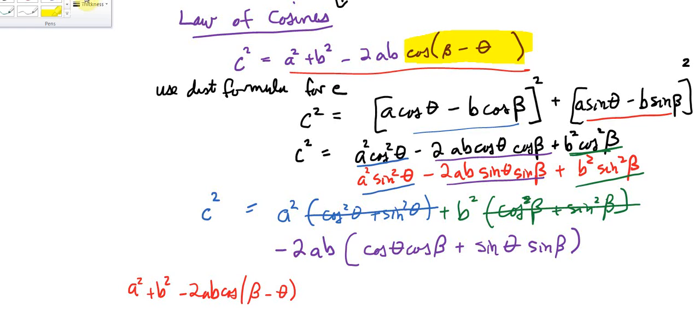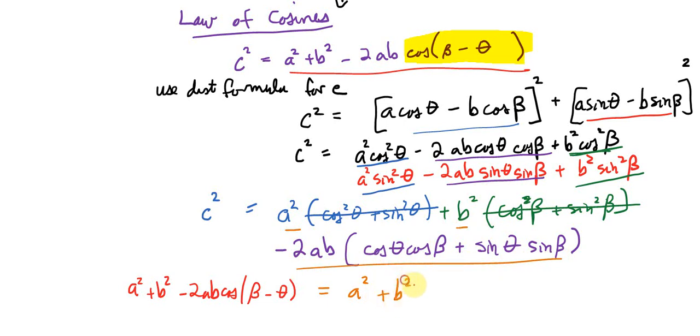The second version of c squared gives us a squared plus b squared minus 2ab times cosine theta cosine beta plus sine theta sine beta.